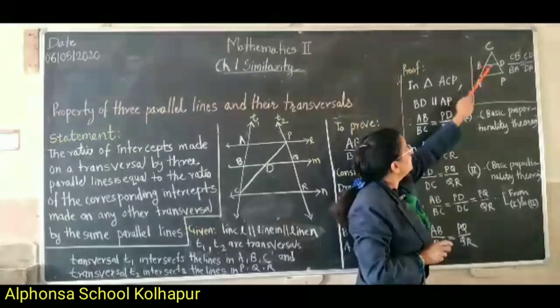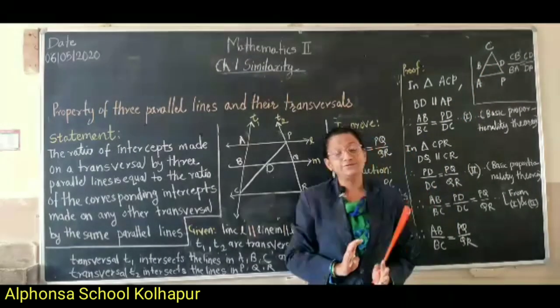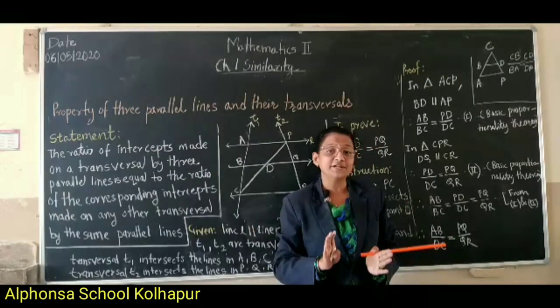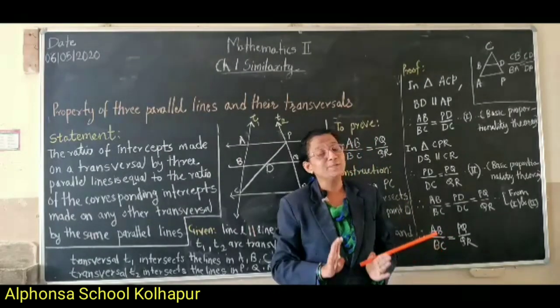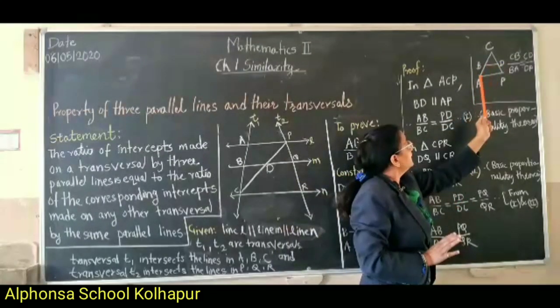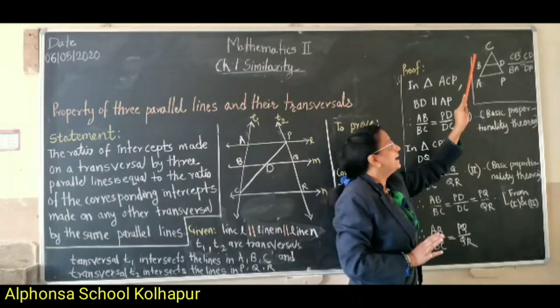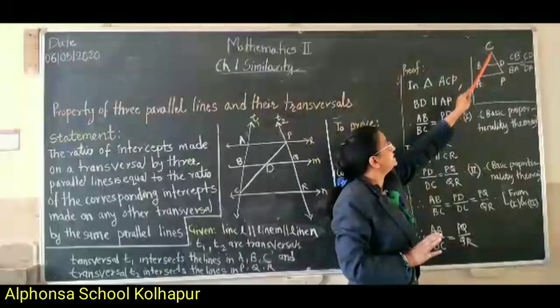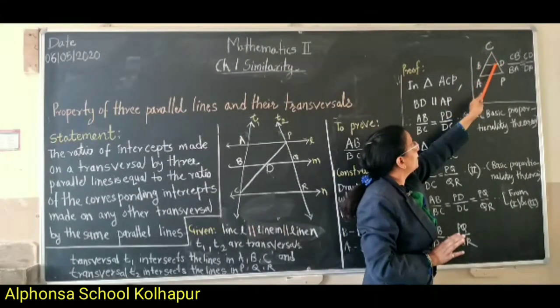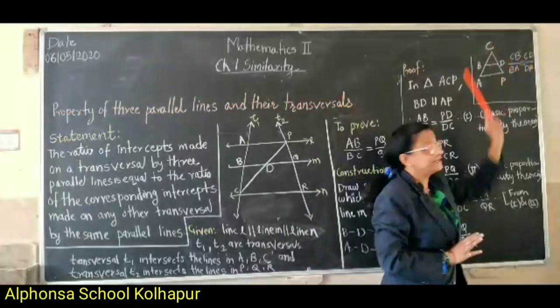Now as BD and AP are parallel to each other, can we use the basic proportionality theorem? According to the basic proportionality theorem, as BD is parallel to AP, CB upon BA is equal to CD upon DP. So that statement I have written here.